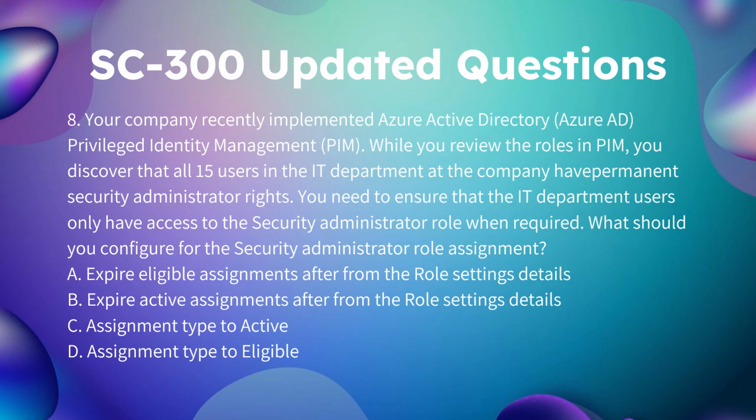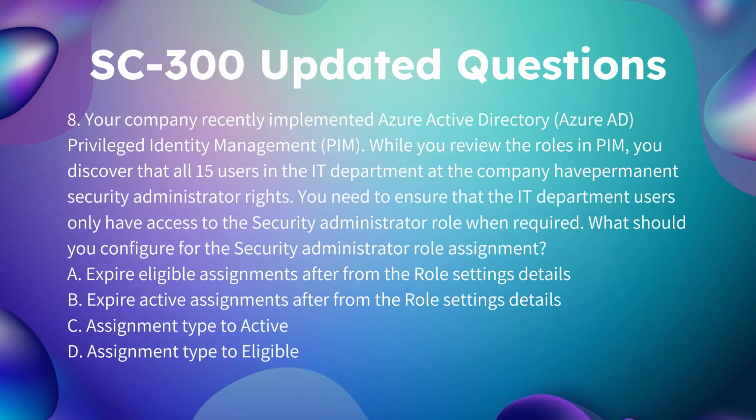8. Your company recently implemented Azure Active Directory, Azure AD, Privileged Identity Management, PIM. While you review the roles in PIM, you discover that all 15 users in the IT department at the company have permanent security administrator rights. You need to ensure that the IT department users only have access to the security administrator role when required.